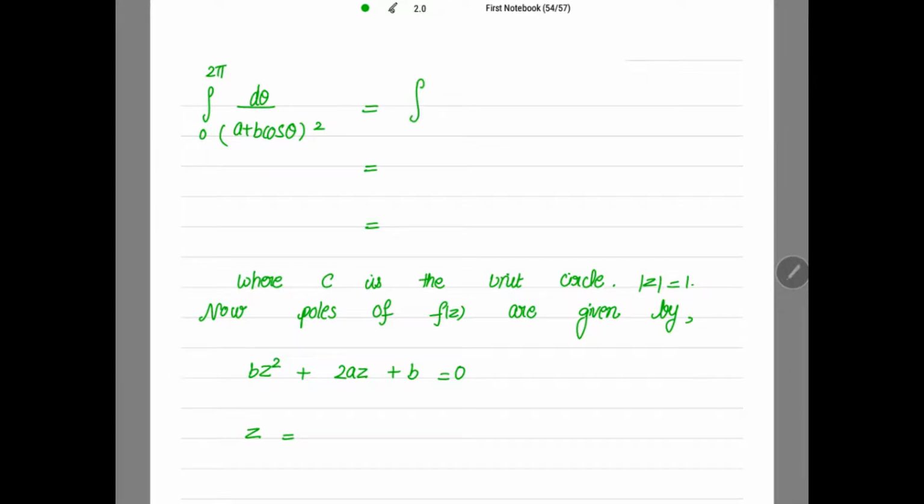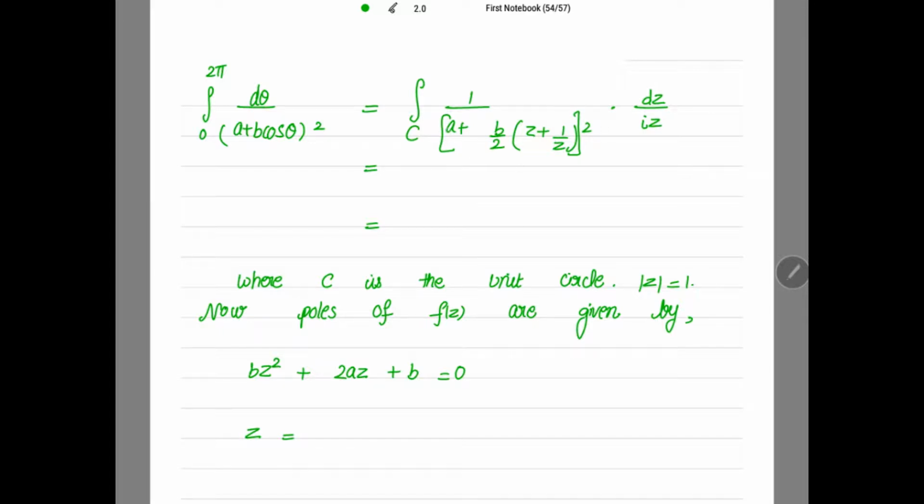Whenever we put the values in the integral, this limit 0 to 2 pi will be erased and we will write here c, which denotes that this is your circle C. So this is equal to 1 over (a plus b by 2), that means your cos theta will be changed into 1 by 2 (z plus 1 over z) whole square, because the denominator is having the power 2 here, so square comes up here, and d theta is dz over iota z.